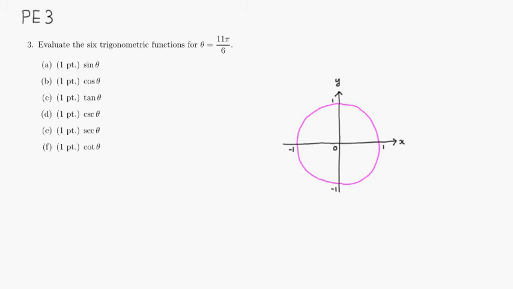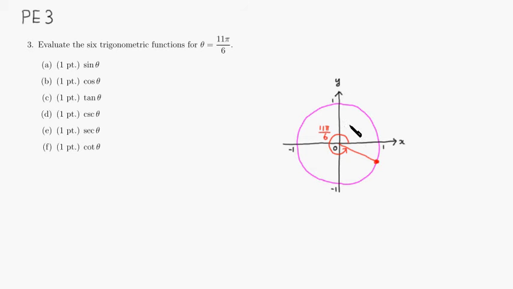So it's going to look like this. This is 11 pi over 6. Then what we need to do is look at the point on the unit circle.